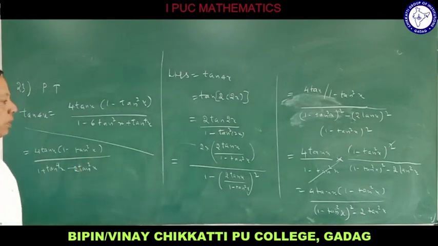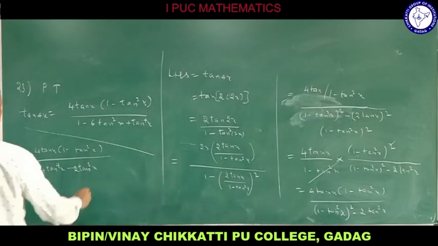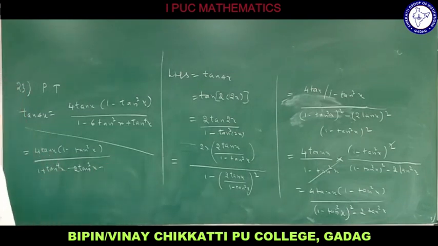Here you see how many tan square x there are, and accordingly you have to go for simplifying the result, and you can find the answer here.